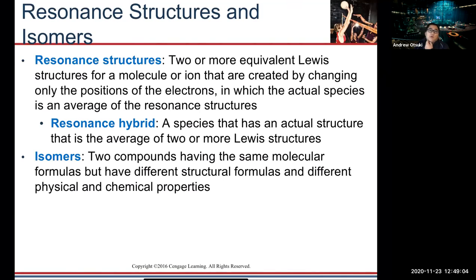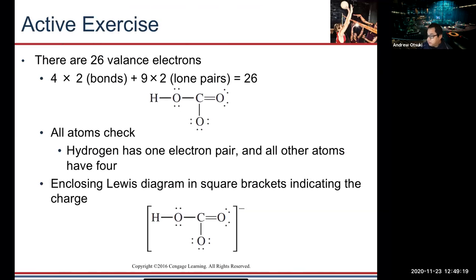So we need to talk about resonance structures. Resonance structures are basically two or more equivalent structures. For example, if I look at this case right here, I could put the double bond between any two oxygen atoms, like right here, or like right here.